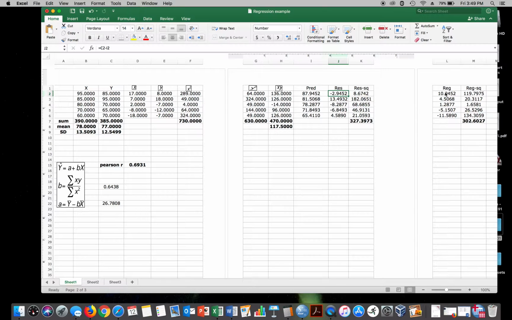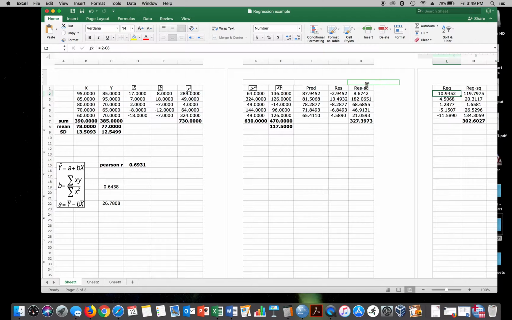Likewise, we can take what we predicted, and sometimes if you have what you predicted and you know nothing else, you would subtract that from the mean, and in this case the mean is 77.